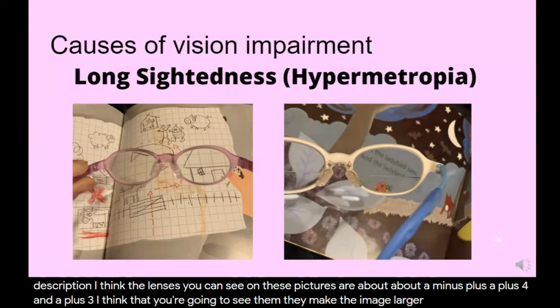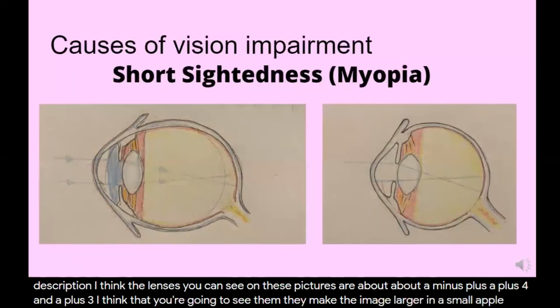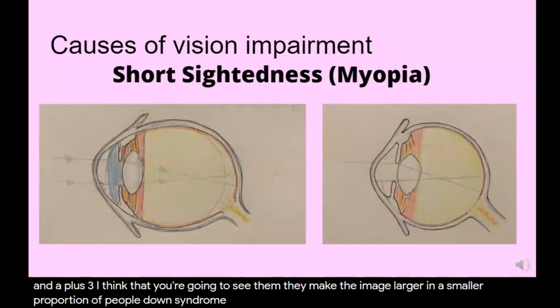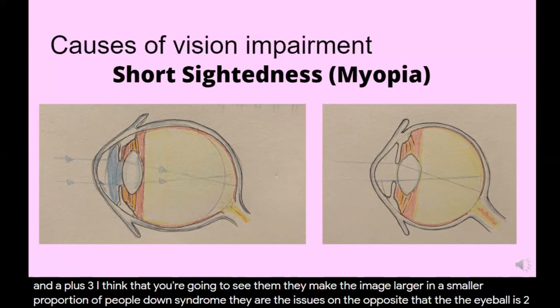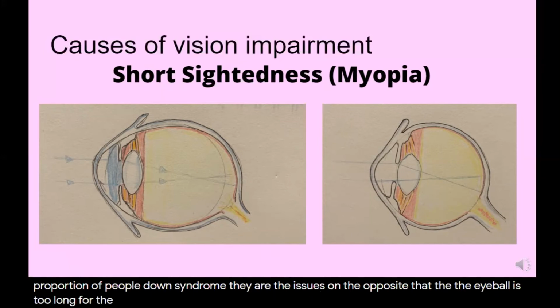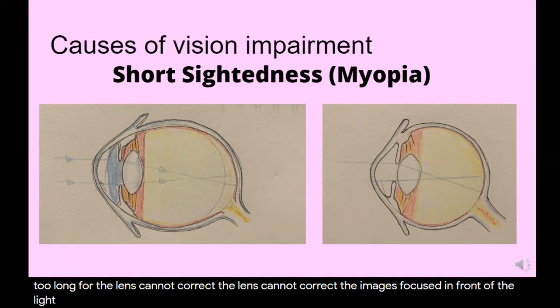Now, in a smaller proportion of people with Down syndrome, the issue is almost the opposite, that the eyeball is too long, or the lens cannot correct enough, so that the image focuses at a point in front of the light sensitive cells.